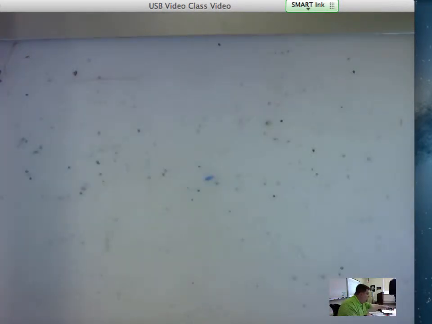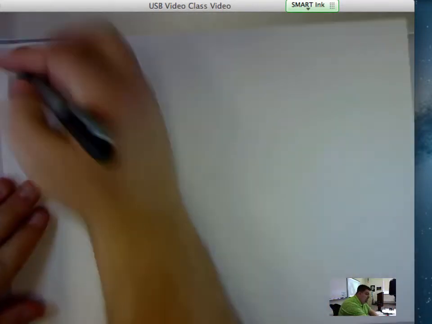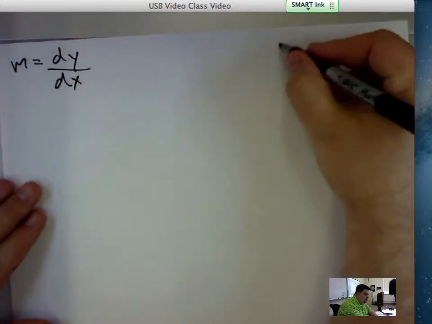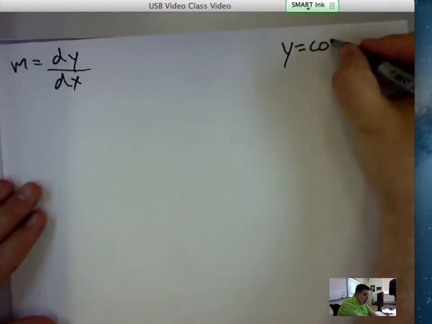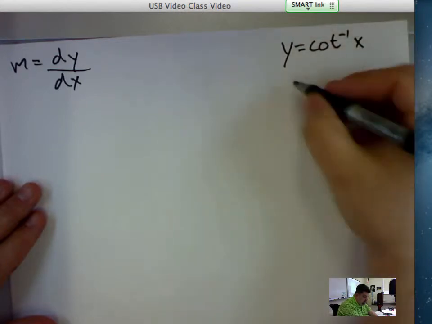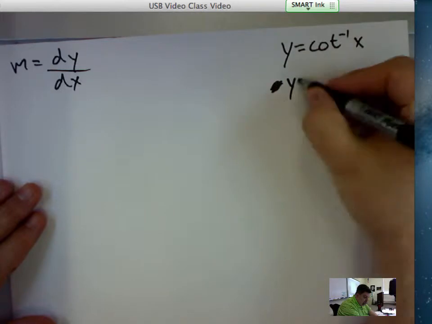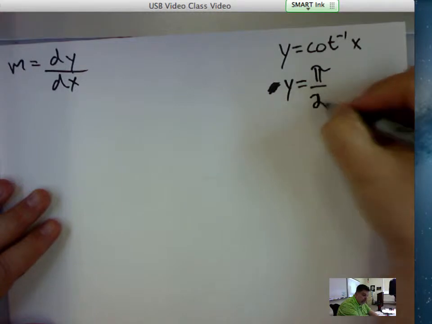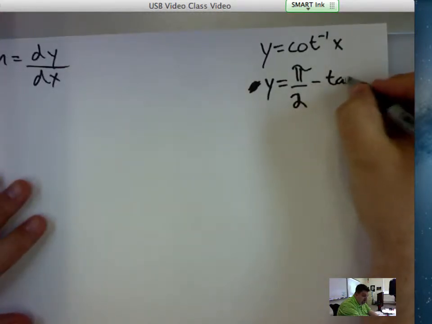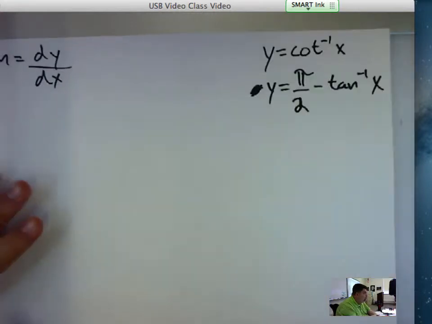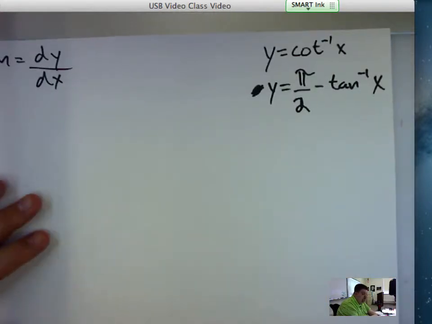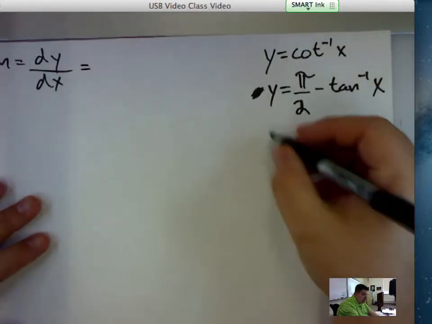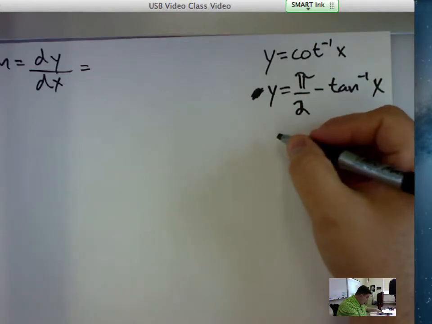Now, the next thing I need to do is find the slope. So the slope is equal to dy dx, right? And we said that y was equal to cotangent inverse of x, which was also equal to pi over 2 minus the arc tangent, or the inverse of tangent of x. So what we need to do is find dy dx of this.